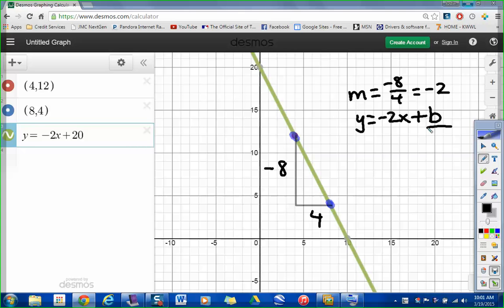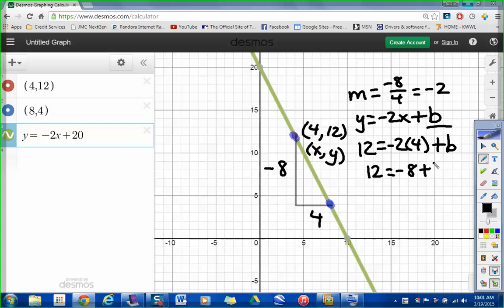We chose the point (4, 12) to take the place of x and what? Y. So we plugged in 12 for y and 4 for x right there. And that's going to allow us to solve for what value? B.